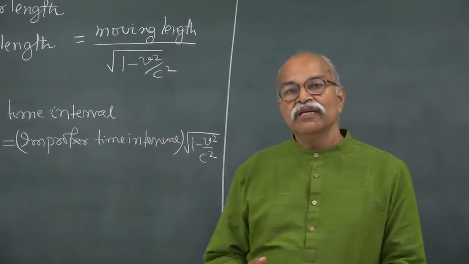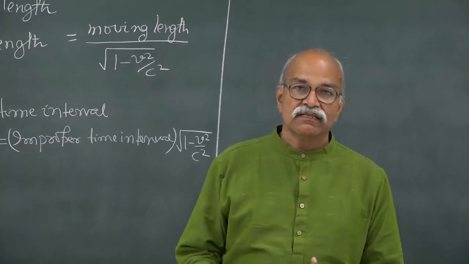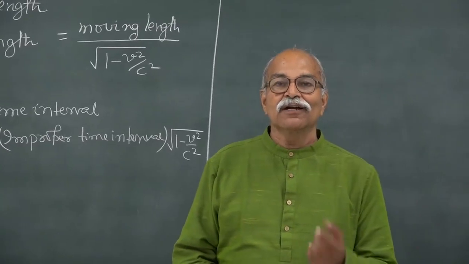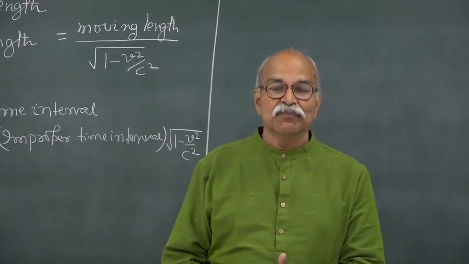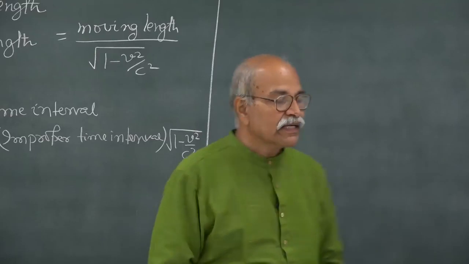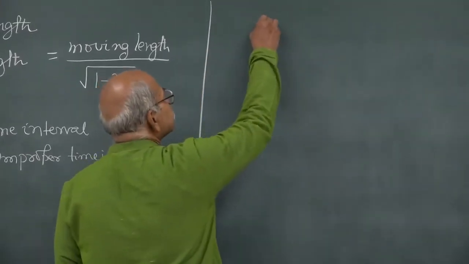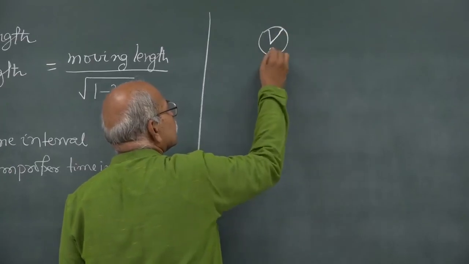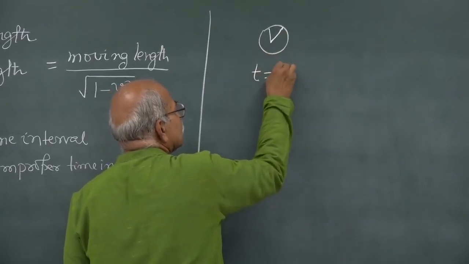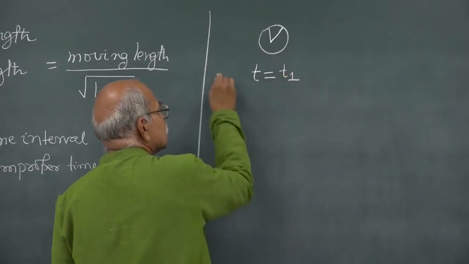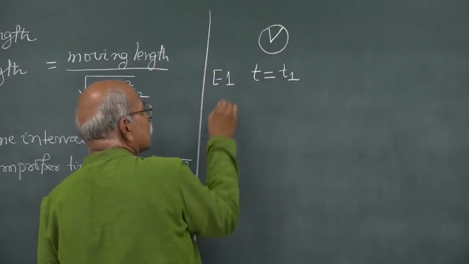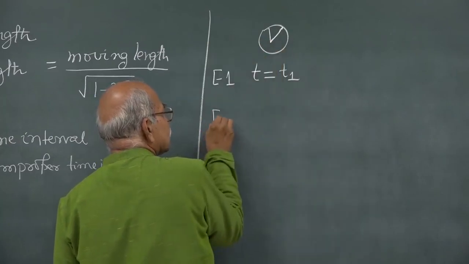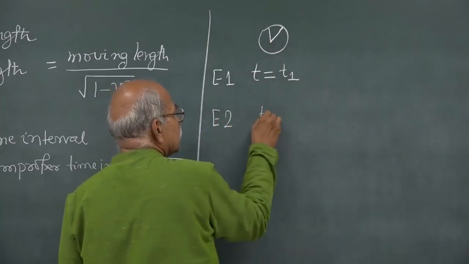Now, this proper time interval and improper time interval are connected by this. This can also be termed in a different fashion, how the clocks run. Suppose you have a clock and this clock tells the time t equal to t 1, this is event E 1, and after some time this same clock gives me time t equal to t2.